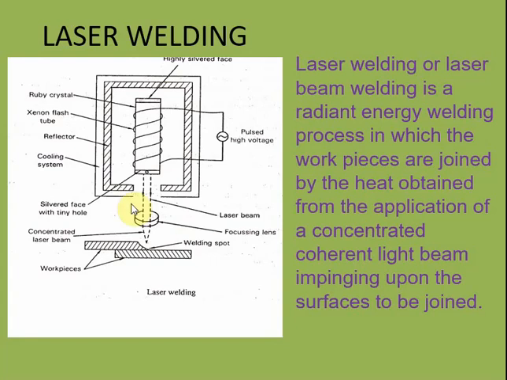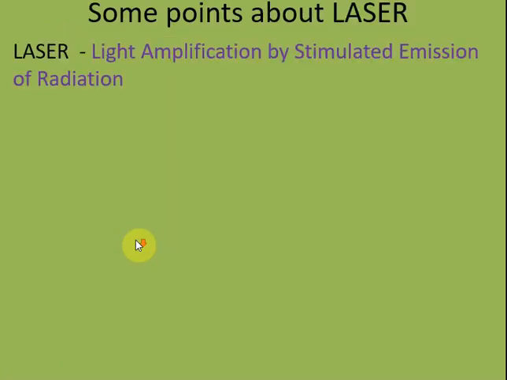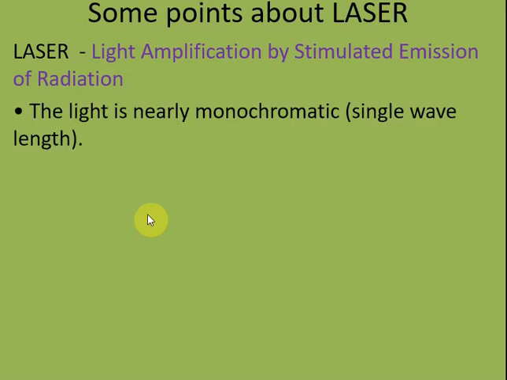So this is the schematic. I will explain the schematic in the coming slide. Before that, we will see some points about a laser. The full form of laser is light amplification by stimulated emission of radiation. The light is nearly monochromatic, that means a laser light contains only one wavelength of radiation.